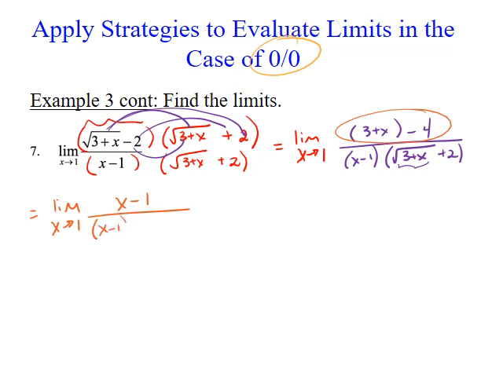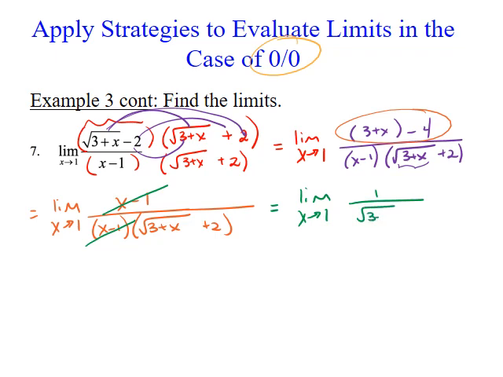Well, what do you know? We have an x minus 1 in the denominator also. So these x minus 1's cancel. Well, when they do, now we have the following. And we want to see if we are able to use direct substitution.